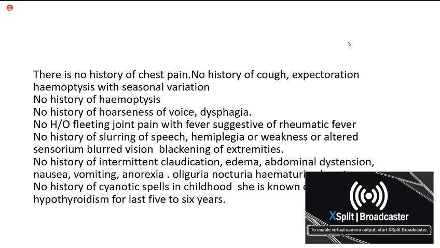All these are absent, and no history of cyanotic spell in childhood. She is a known case of hypothyroidism for the last 5 to 6 years.